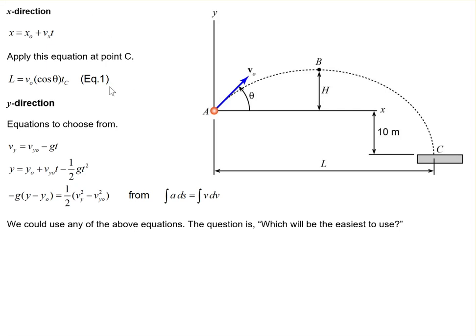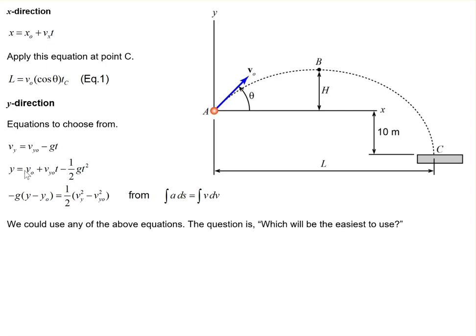What I usually do is look at each equation and what point I might apply it at. If we look at the velocity equation, we could apply it at C, but we have no idea what the velocity at C would be. But if we apply it at B, we know the Y velocity at B is 0 because it's the apex. So this one might be a good equation to apply at point B.